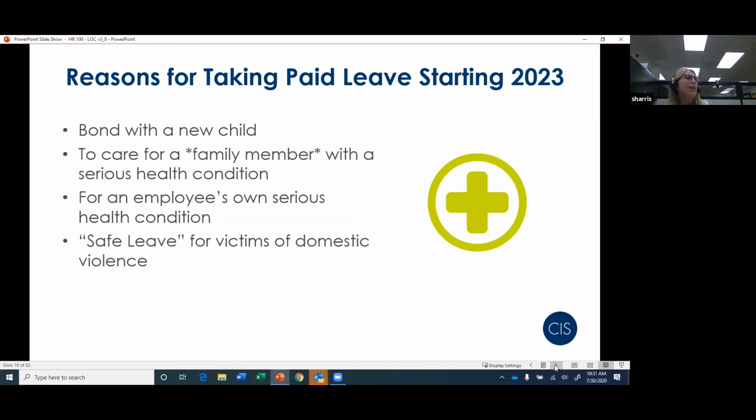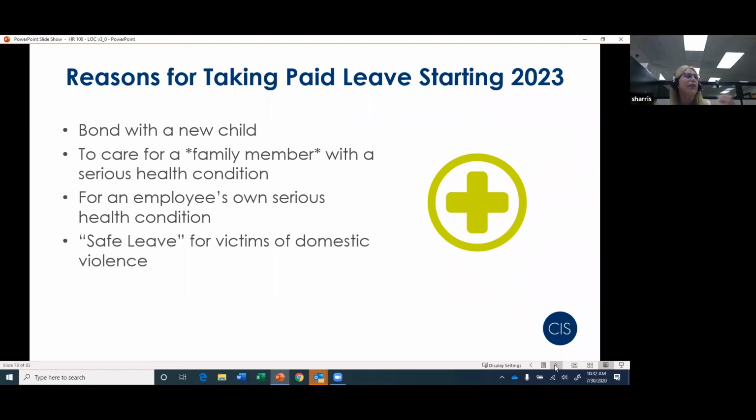So, reasons for taking paid leave starting the year 2023. This is going to be paid leave to bond with the child, to care for a family member. We're going to talk in a minute the definition of family member with a serious health condition, or to take paid leave for the employee's own serious health condition, and for leave under the Safe Leave for Victims of Domestic Violence. You notice that this is kind of sounding like OFLA, right?